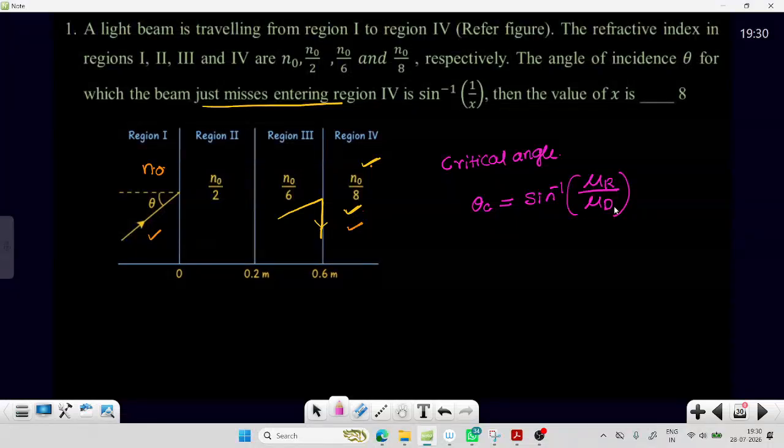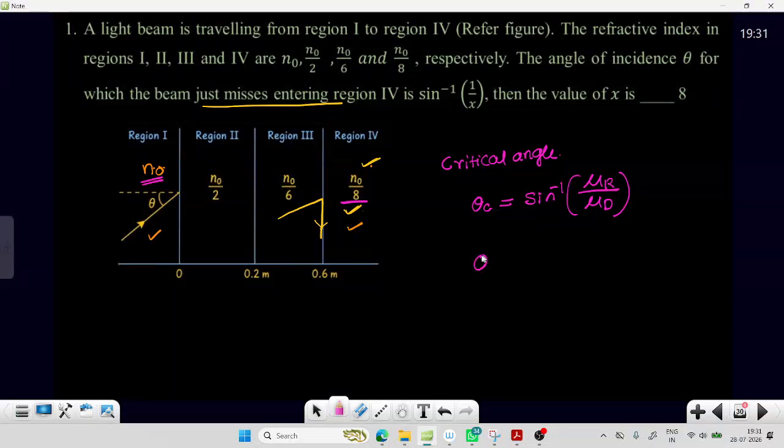Mu r means the refractive index of the rarer medium. Mu d means the refractive index of the denser medium. Always the small value in the numerator and the big value in the denominator, keep in mind.